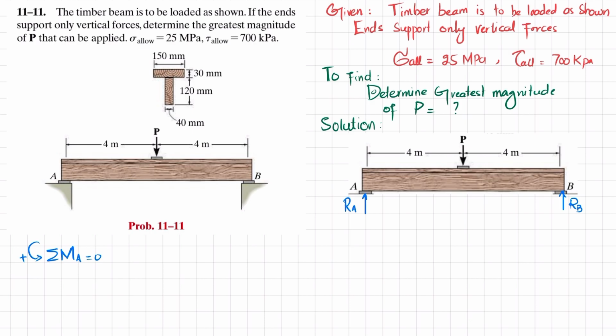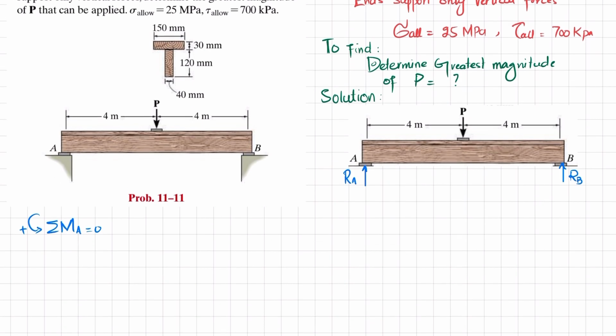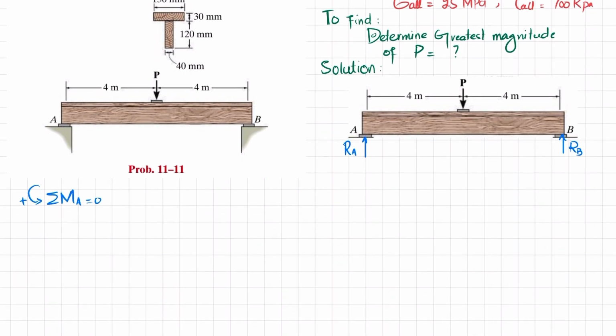Their sum must be equal to 0. So I will write it: P into 4, that will be negative, plus RB into 8 is equal to 0. So from here you will get RB is equal to P by 2.